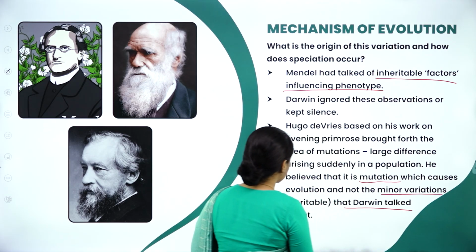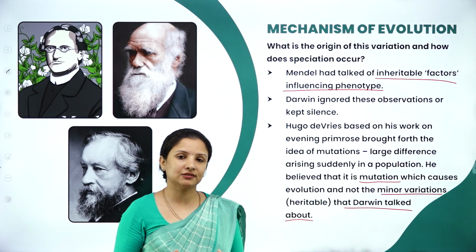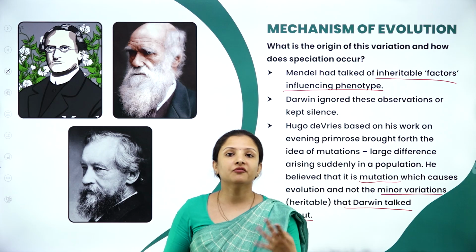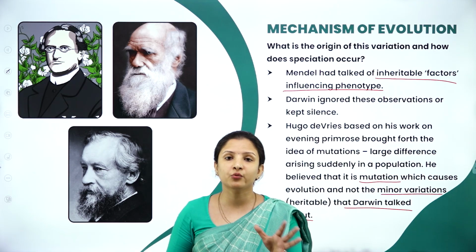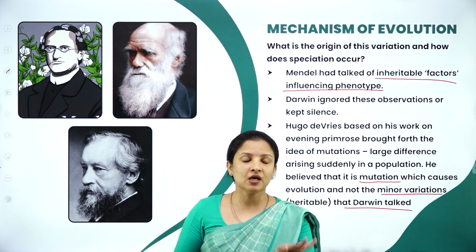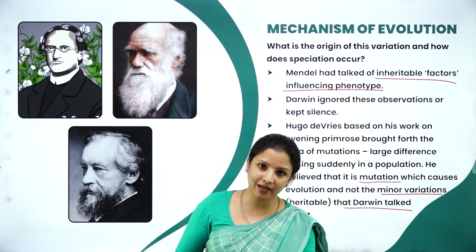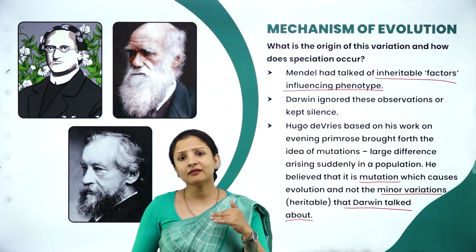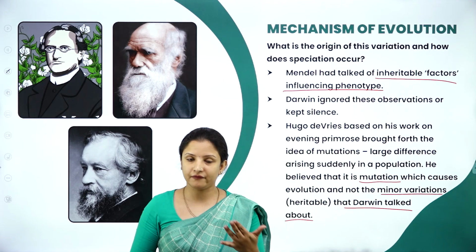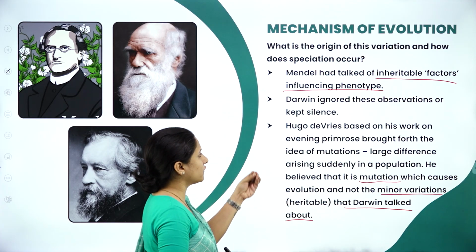So Darwin talked about minor variations. Say for example, Darwin talked about the finches, wherein there was just a minor variation in the beaks of the finches. But the species were the same. They were the finches.